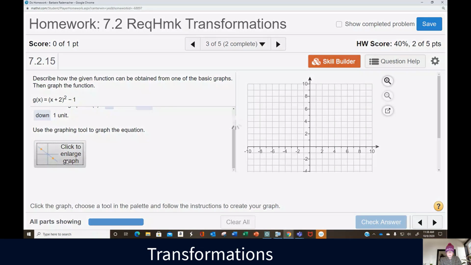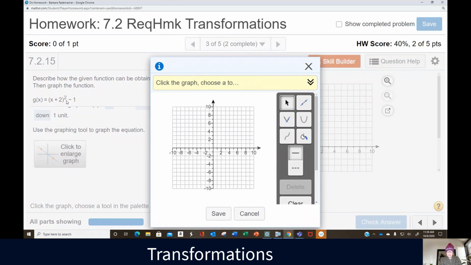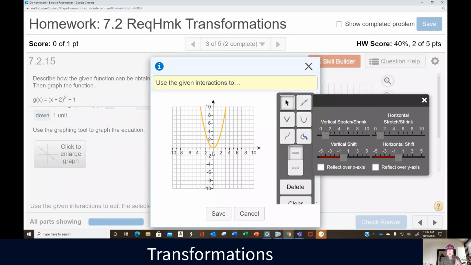All right. Now we're going to graph it. It's an x squared problem, so I click that. I click anywhere on the screen, but now I put in what the shifts are. There's a horizontal shift and a vertical shift. So the shifts are down here. There's a vertical shift down 1, so go to -1, -1 rather. And there's a horizontal shift of 2 to the left.